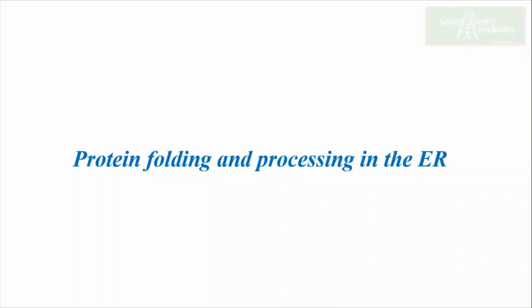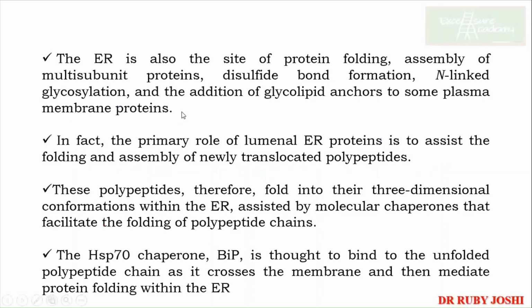Now what we are going to discuss is protein folding and processing in the ER. So what exactly happens in the ER? If anyone asks you what the function of the ER is, the first thing that comes to your mind is that protein folding happens in the ER, and to be specific, in the rough ER.